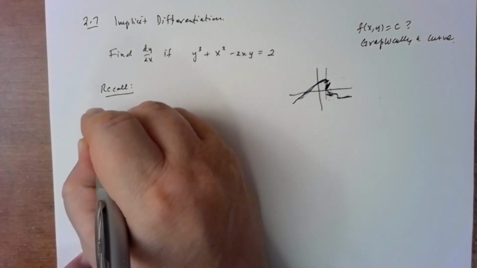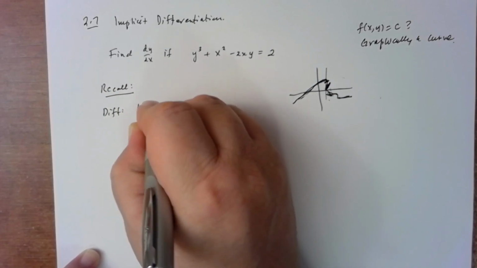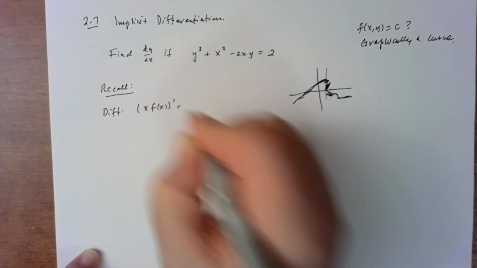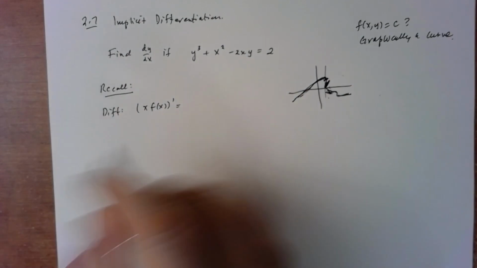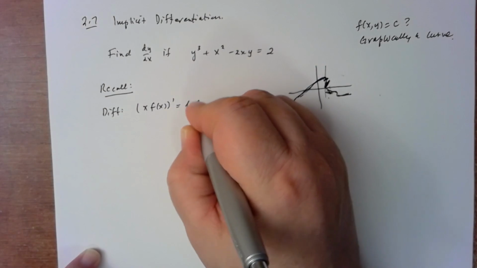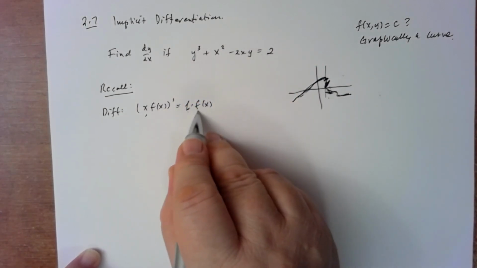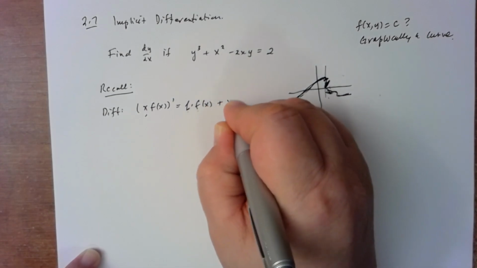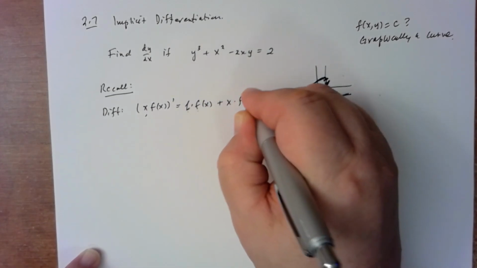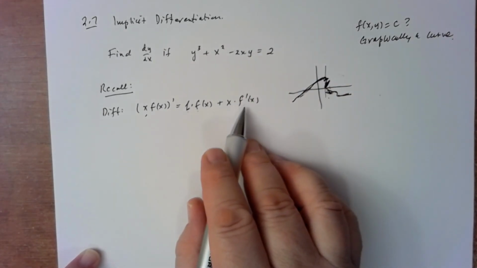So how would we differentiate something like x times f of x? Well, this is a product rule, like something we had in the quiz. The derivative of the first is 1 times the second, plus x times the derivative of the second. So we have 1 times f of x plus x times f prime of x.